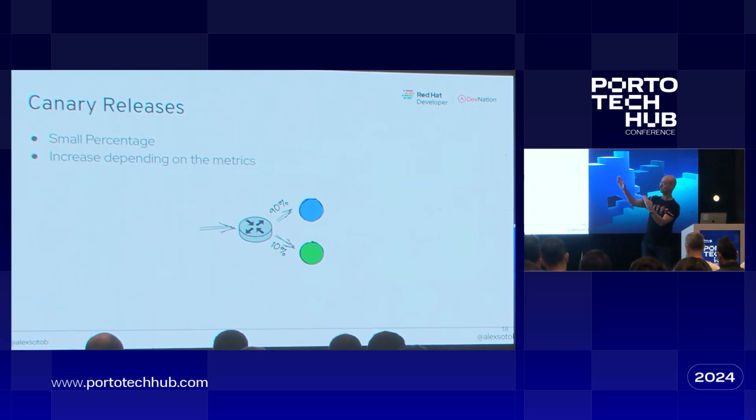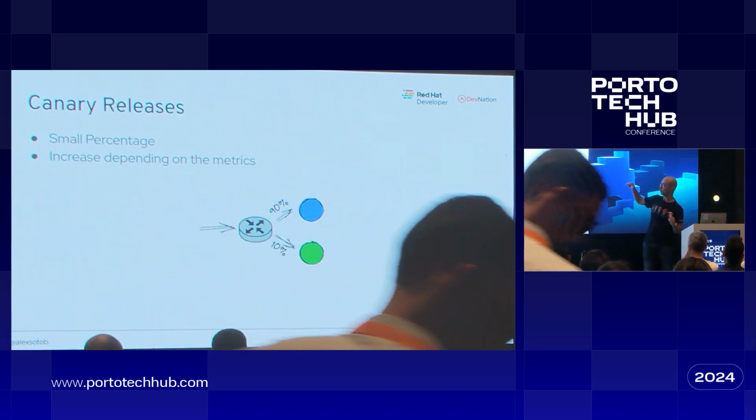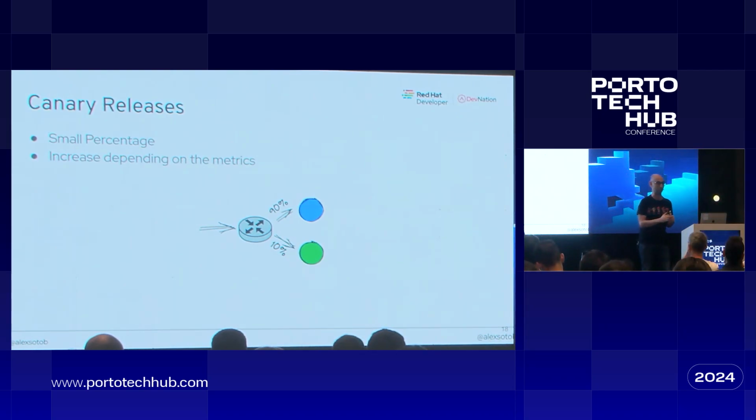Because I'm sending 90% of the traffic to the old version, 10% to the new version. Now I need to know if the new version is better than the old version. If I see that the error rate of the new version has increased, then I know that this new version is not good. So what I need to do is say, okay, let's just stop the canary release. Let's move these 10% of users to the old version, and let's fix the problem.